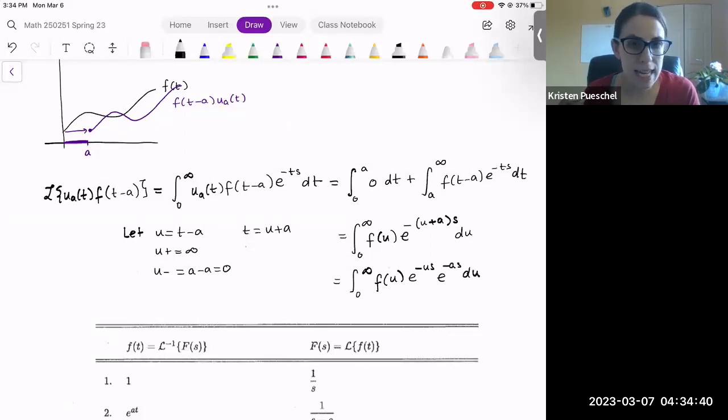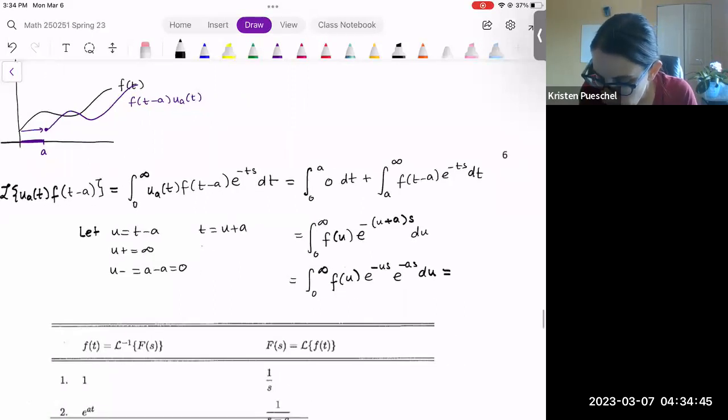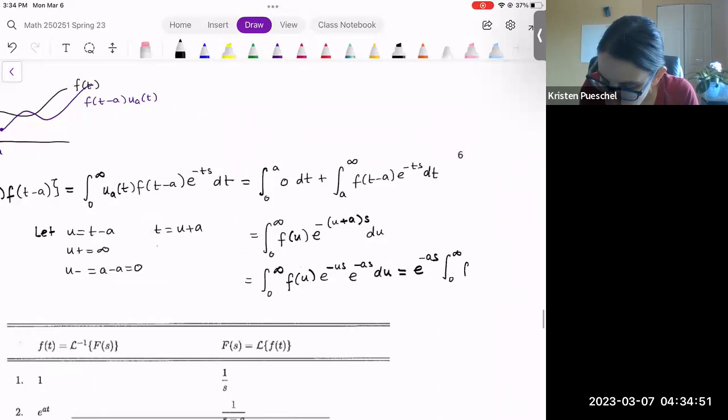It doesn't have any u's in it, and so we can just bring it out in front of our integral. We get e to the negative as times the integral from 0 to infinity of f of u, e to the negative us du. Well, that is the Laplace transform of f. So this is e to the negative as times the Laplace transform of f.